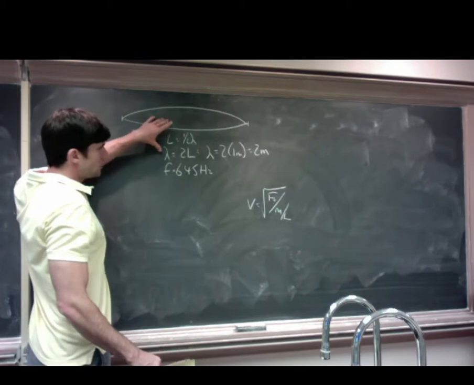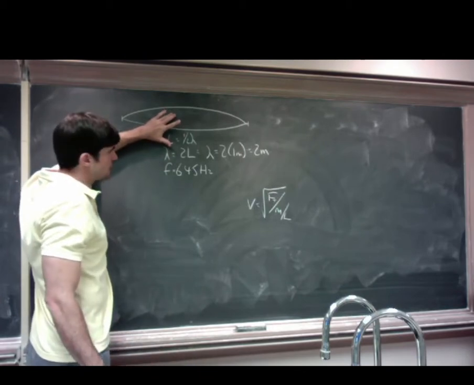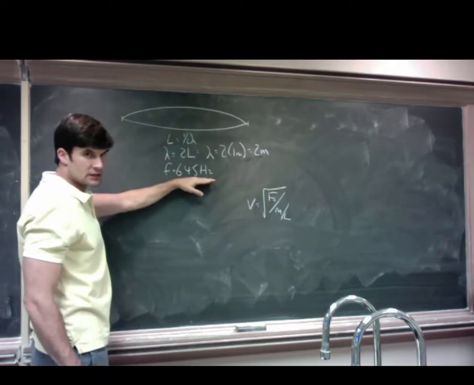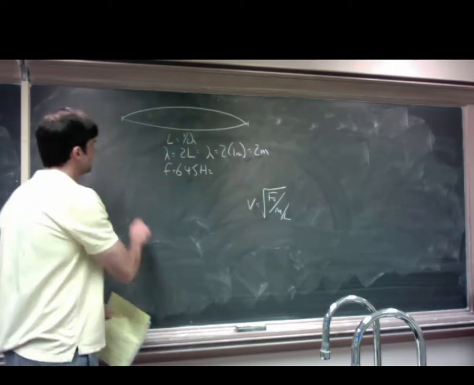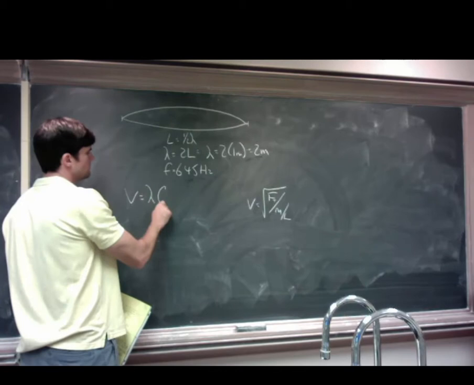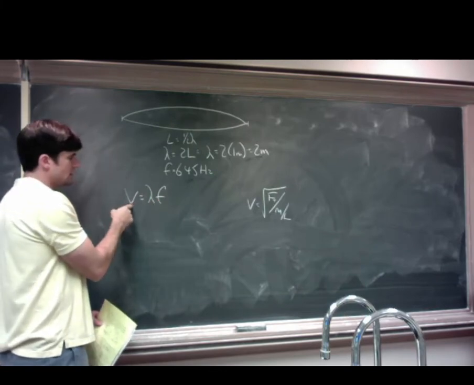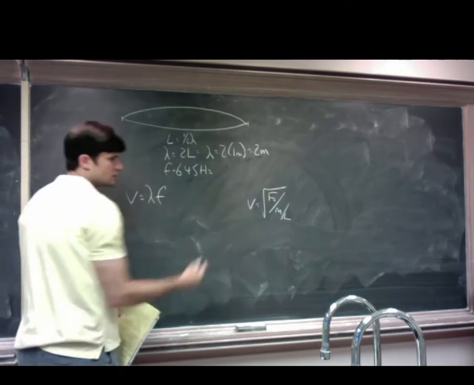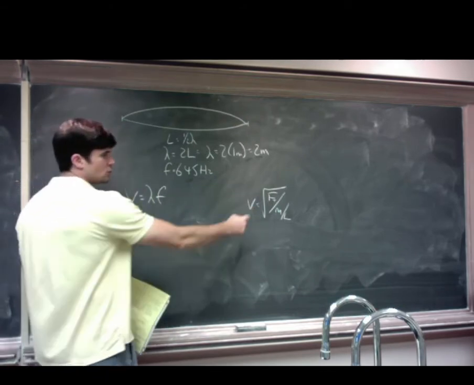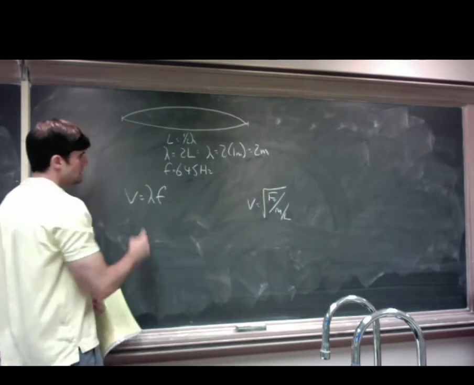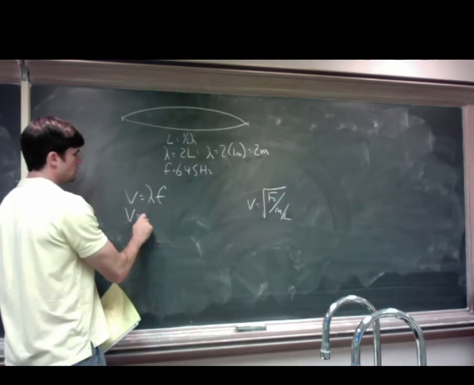Well, by looking at the wave on the string, we have the wavelength, and we've got the frequency that was given to us in the problem. So we can first use this equation that is valid for any kind of wave to find the velocity of the wave. And then once we have the velocity, we'll have all the information we need to calculate the tension here.